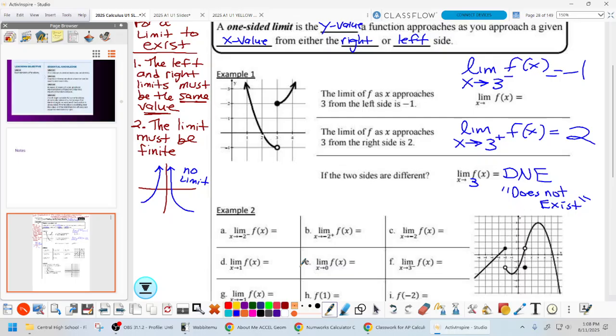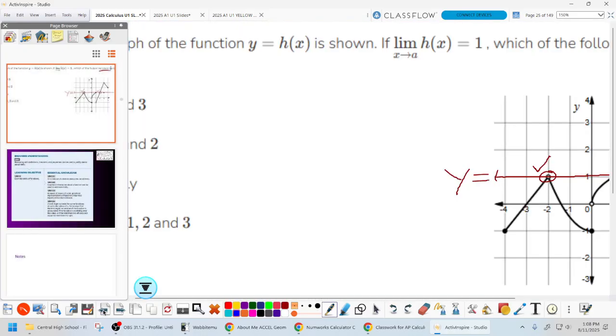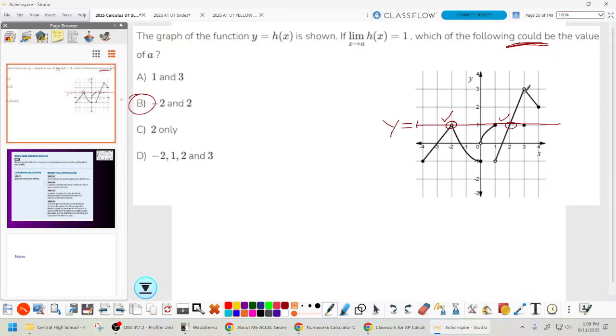Easy enough? Yeah. How come, when we're doing our homework, usually if there's a point above, then we count this? Yeah, so let's go back to that warm-up problem because it had some like that. So like this point, I think is what you're talking about, right? So coming in from the left, what's the limit?